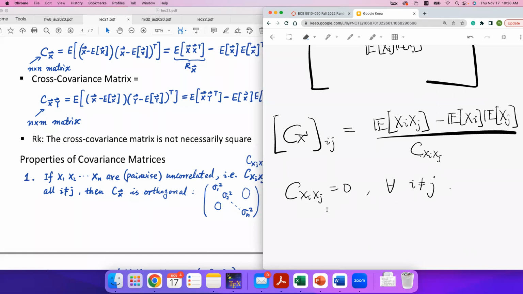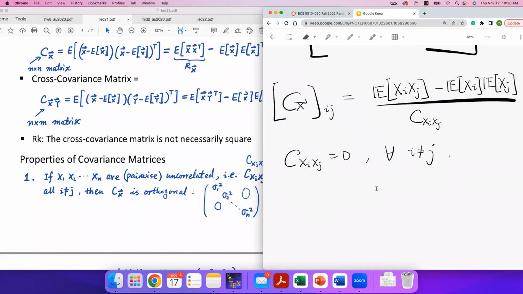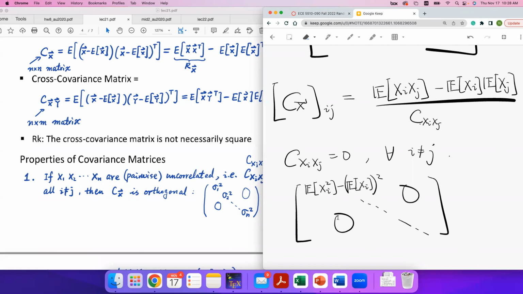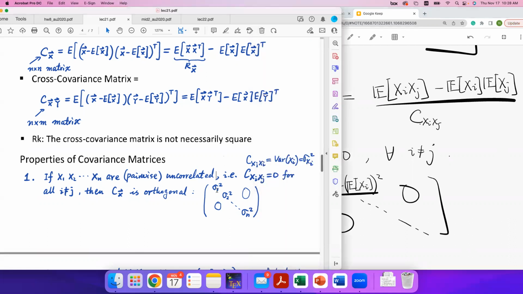Which means that most of the entries of this matrix are 0, except for the diagonal elements. The diagonal elements are expectation of xi squared minus this square. Right. All the other terms are 0. And this is basically the definition of the variance: sigma 1 squared, sigma 2 squared, up to sigma n squared.